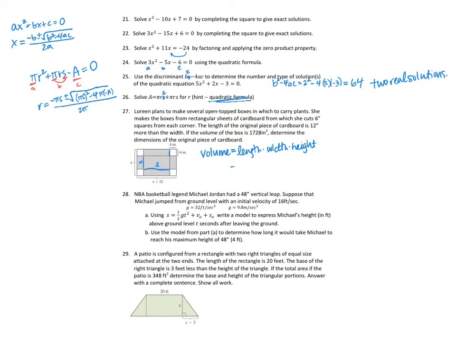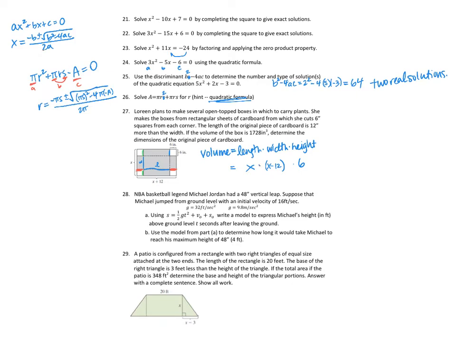So the height again is going to be 6. The width is going to be x, and you're subtracting 6 here and here, so the width here is x minus 12. And then the length, well, I know that this total distance is x plus 12, but then I'm subtracting off 6 here and subtracting off 6 here. So the length is actually going to be x plus 12 minus 6, so it's just going to be x.